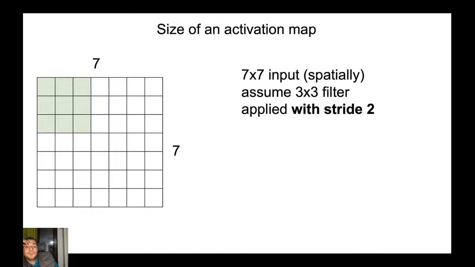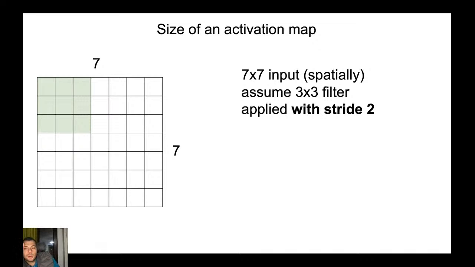And so I'm trying to go for a more generic formula that also includes the stride. One thing that I didn't mention before is that we can also apply the filters not in every possible location, but skipping a number of pixels. And the number of pixels that we skip is commonly called stride.